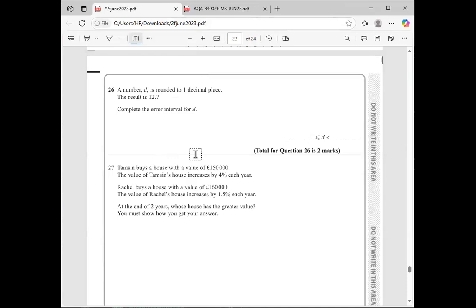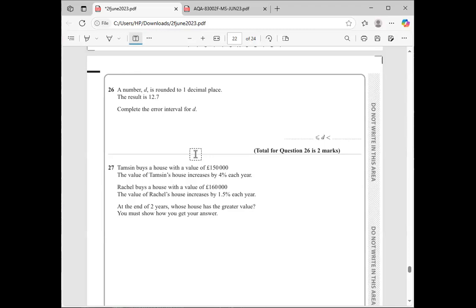12.7 is the, do we say, would that be 12.5? No, it's not going to be 12.5, because this is a one decimal place thing, so the error interval should also be in one decimal place.